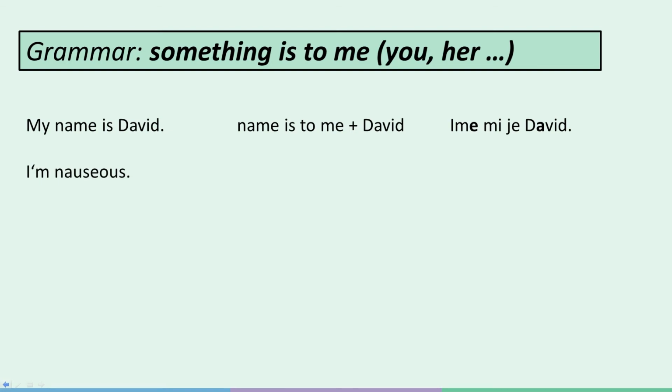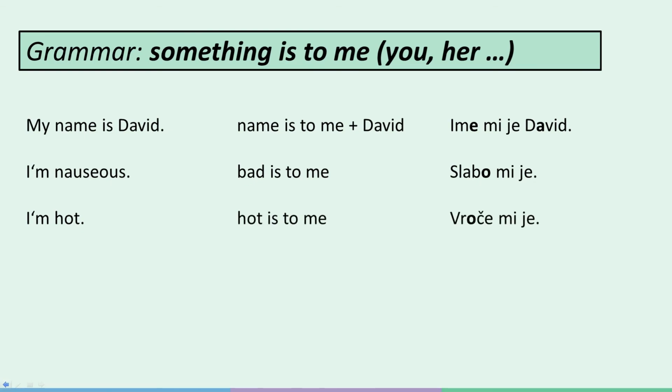For I'm nauseous, we say bad is to me, or slabo mi je. I'm hot or I feel hot is to me, or vroče mi je. For I don't care, we say all the same to me, or vseeno mi je.